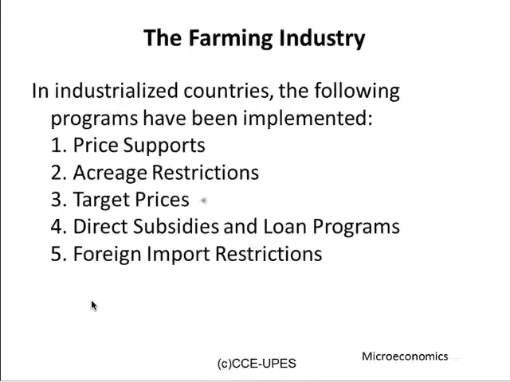There are target prices, direct subsidies, and cheaper loans that the government gives. There are restrictions by the government on the foreign import of agricultural production. This is how this industry, which would have been closest to the pure competition industry, is no more, does not fall in the same category anymore.